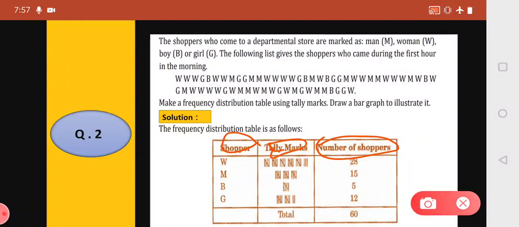Now how many total women visited the department store in the first hour in the morning?